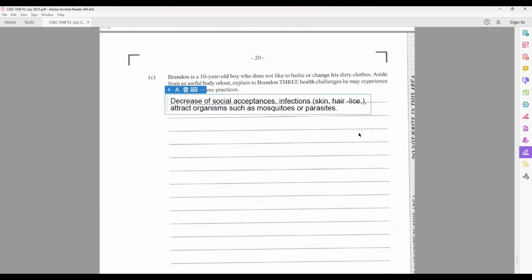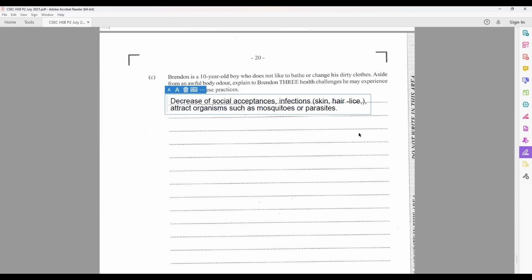You want persons to accept you, you want persons to talk to you, etc. That's valuable, especially for your social health, meaning your interaction with your peers, and for your mental health. So social acceptance decreases because he does not bathe and change his clothes. His appearance will show it.